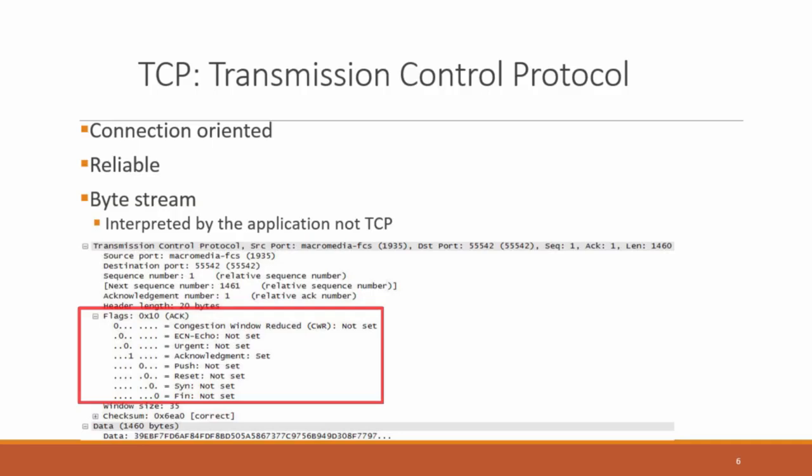The flags are as follows. U is for urgent. That means the urgent pointer is set and this data is urgent. A is for acknowledgement, or ACK, which we've already discussed. We're acknowledging something that was sent. Push has data within the packet. Reset, abnormal close of a connection.